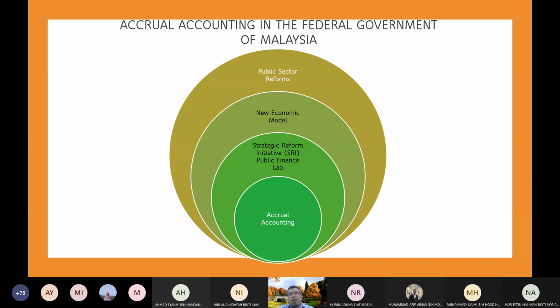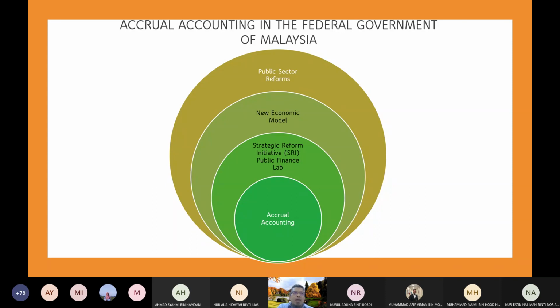During that time, the trigger point to implement accrual accounting was the counterfeit cheques that were identified, because there were false claims using counterfeit cheques worth a big sum of money, I think hundreds of millions. As a quick response, the government planned to implement accrual accounting.